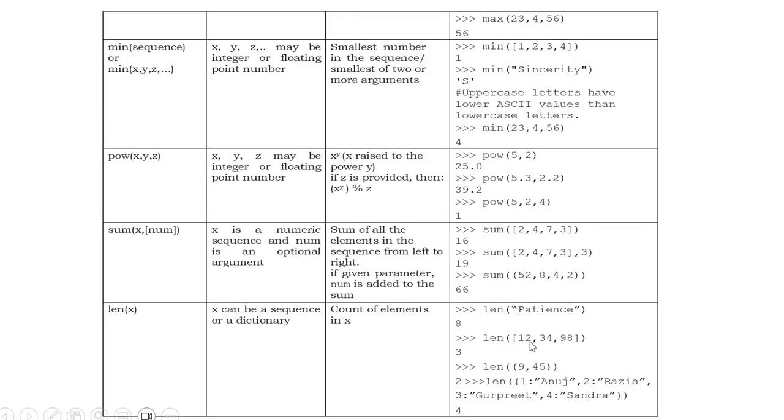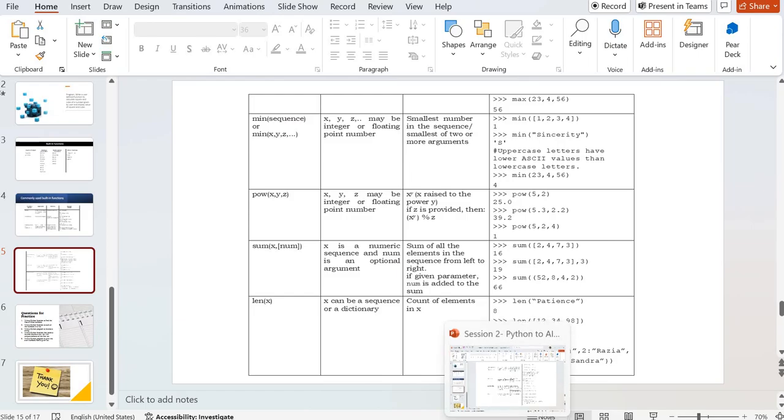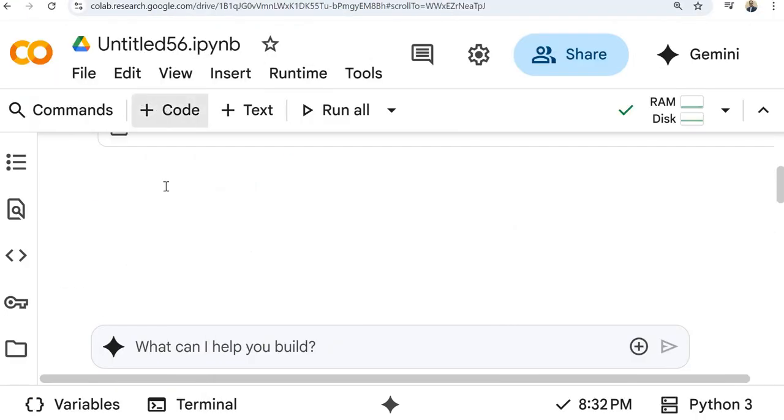Similarly, you can go for len of the list 12, 34, 98. It will return 3, which means 3 elements are there in that list. Let me go to our Colab file, then I think it will be good to discuss all these things.